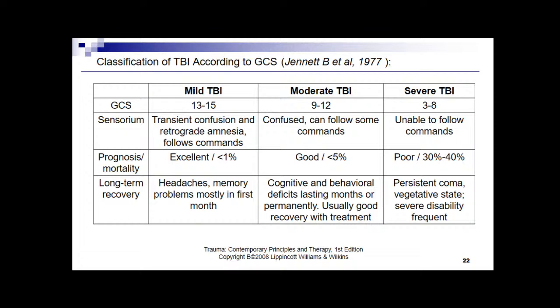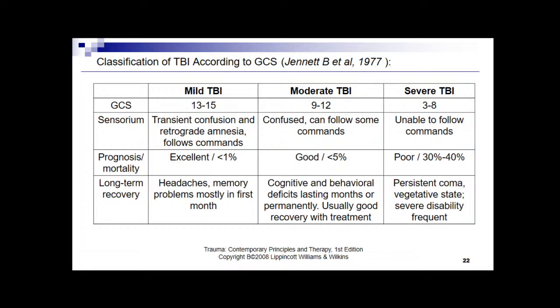For many months of the post-traumatic period, the patient shows cognitive and behavioral deficits. Usually good recovery with treatment. If you prescribe correct treatment to your patient, he will recover practically completely.